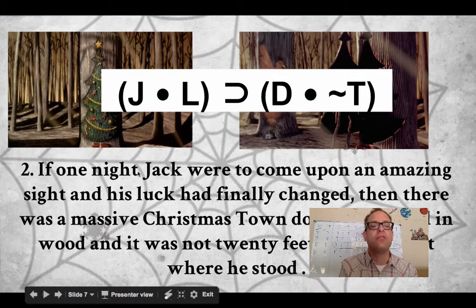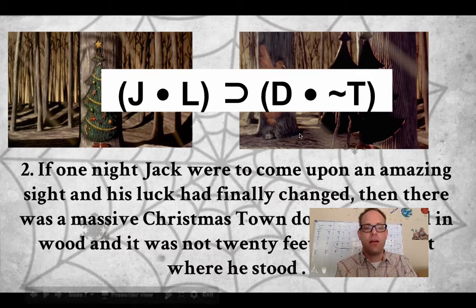So if, and then Jack were to come upon an amazing sight, so that's J, and his luck had finally changed, L, comma, so we close our parentheses, there's our horseshoe, implies there was a massive Christmastown doorway carved in wood, there's the D, and it was not 20 feet from the spot where he stood, not T. Okay, good, so there is that one.